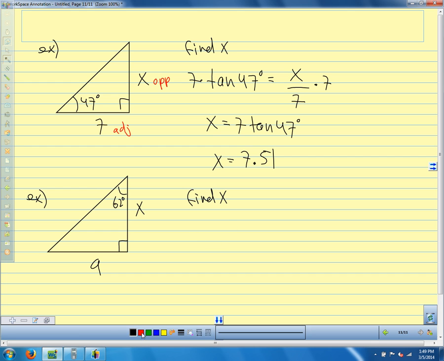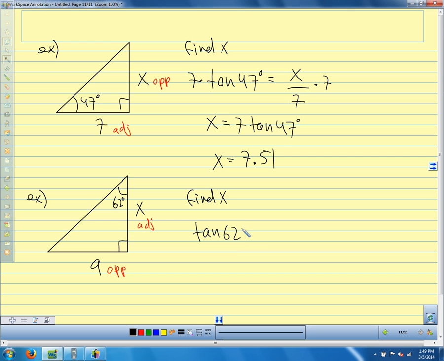So let's follow our steps, label our triangle. Is x the opposite, the adjacent, or the hypotenuse for the 62-degree angle? Adjacent. 9, opposite or hypotenuse? Opposite. Now we'll write our equation.